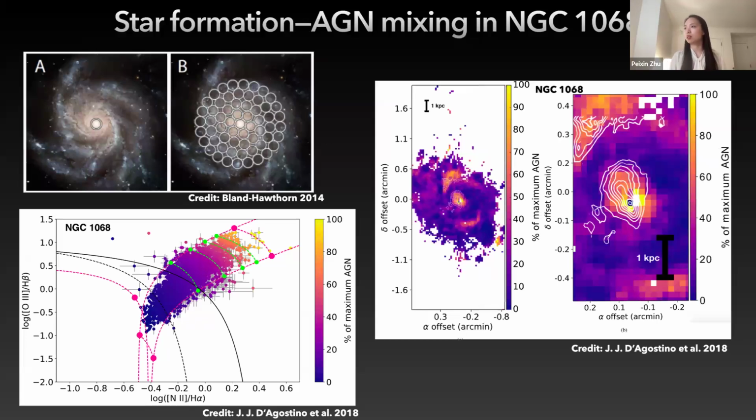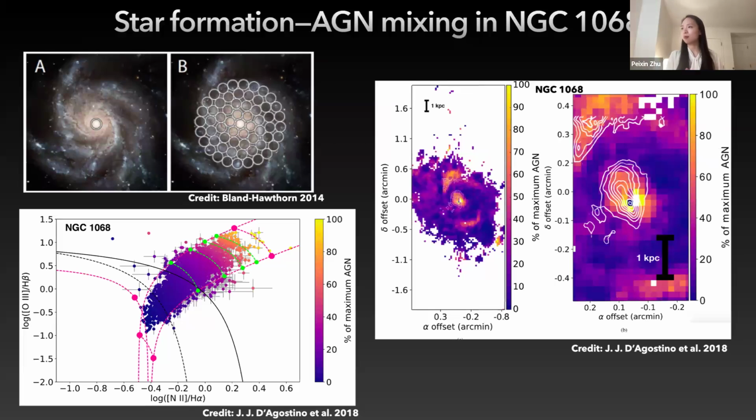by star formation. So now with this IFU spectrum, combined with our previous tool, we'll be able to study how this star formation activity and black hole accretion activity are distributed in these galaxies and how they mix with each other.